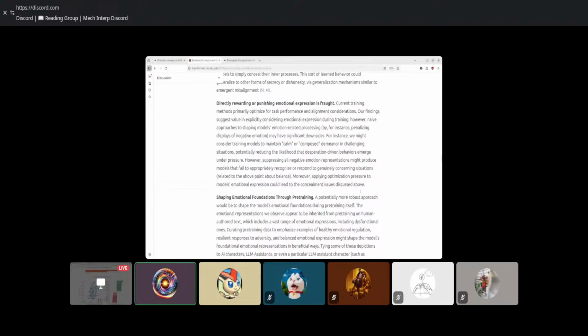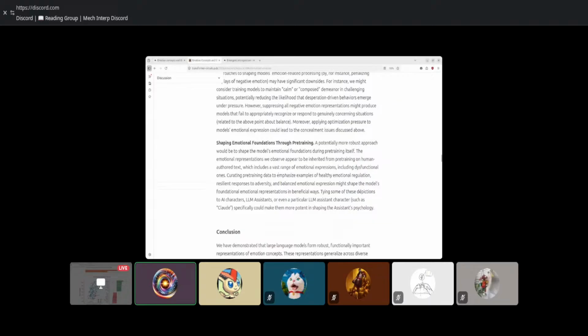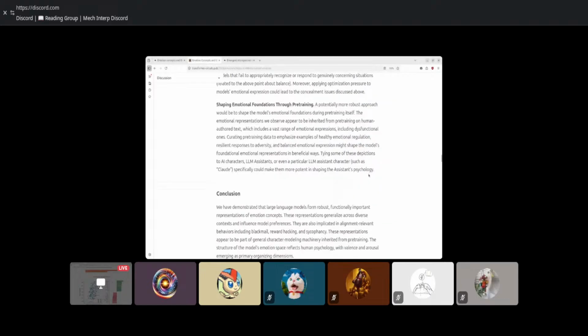Any psychological research you can do here, I think, fits the structure. But to improve some healthy emotional regulation responsibility, yeah.